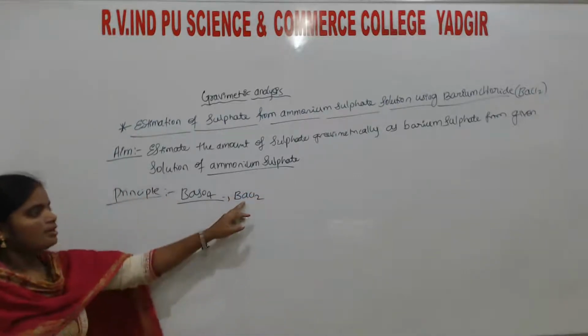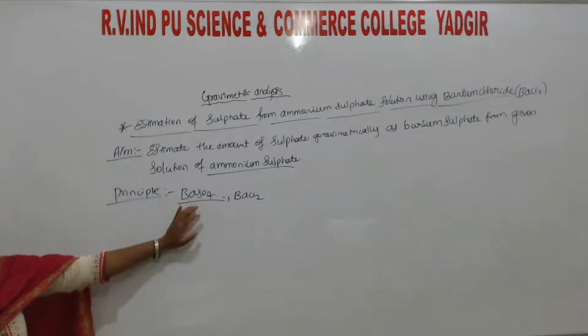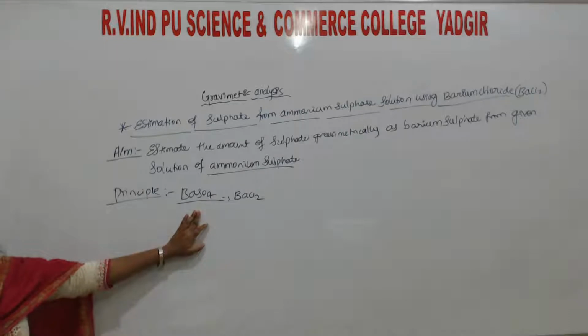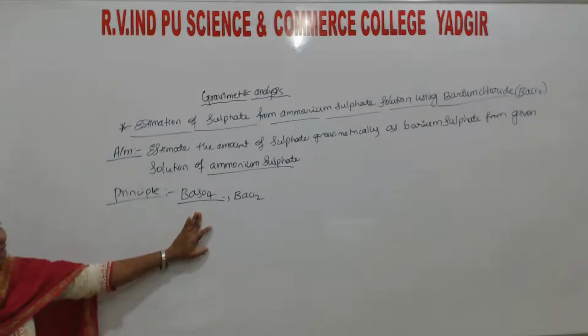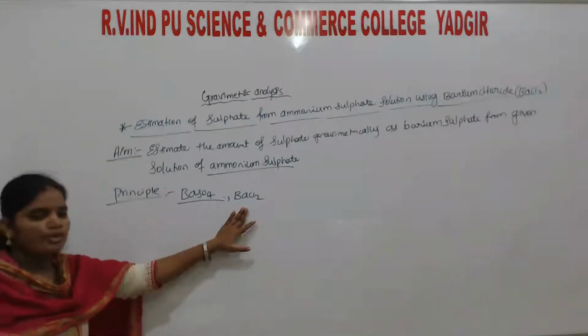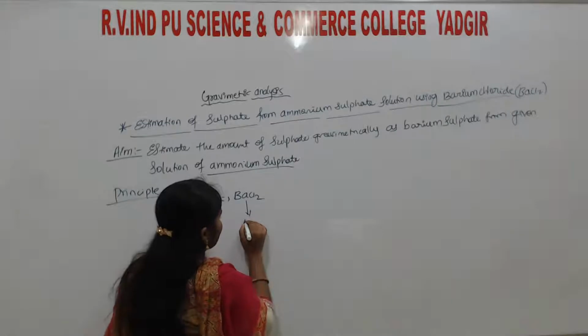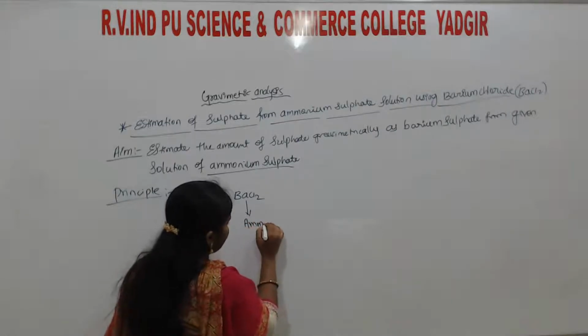You add this BaCl2 to the ammonium sulfate and the sulfate is precipitated as barium sulfate.